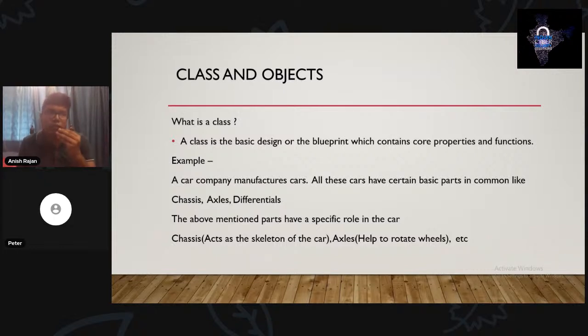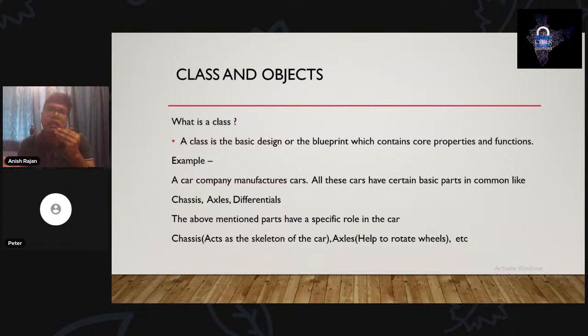If we have the blueprint of a building, for example the Taj Mahal, we can create another Taj Mahal, an exact replica. We can't create the same Taj Mahal if we don't have the exact blueprint. So the blueprint is basically the basic design which contains all the core properties and functions. That is what a class is.